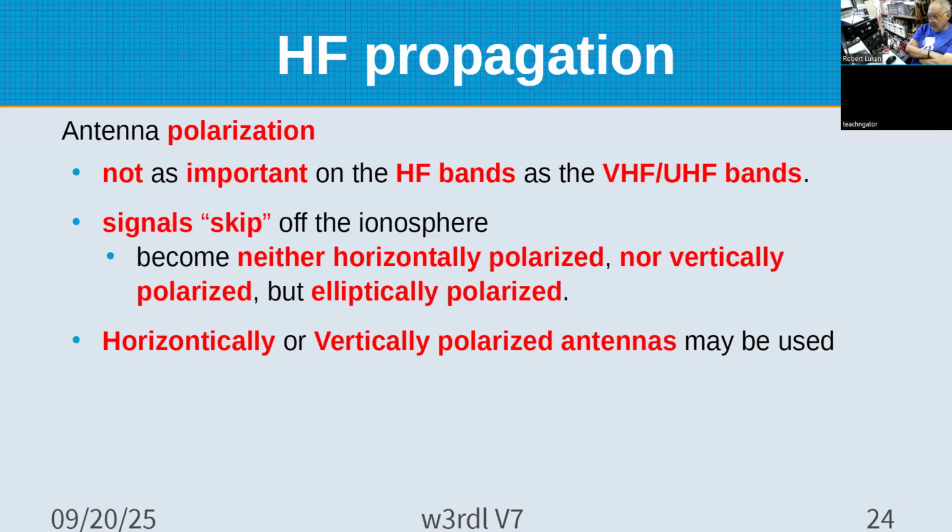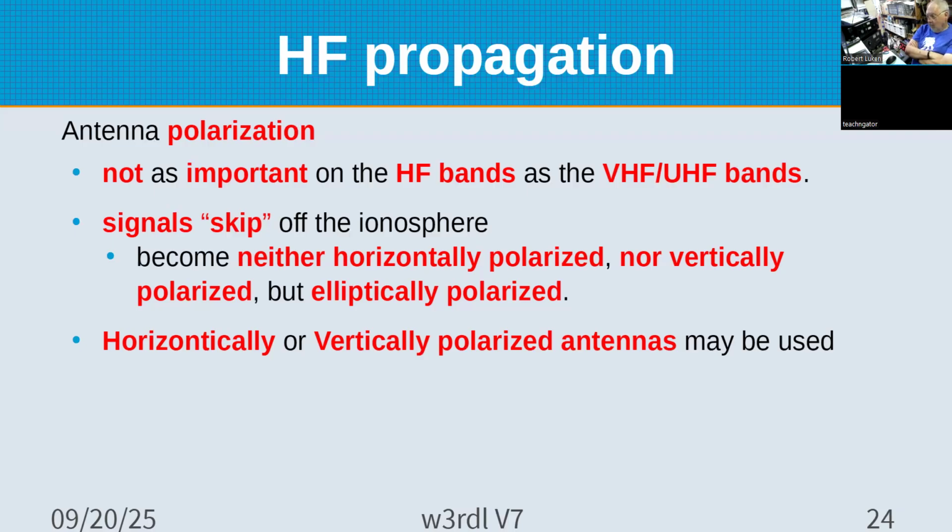So it turns out, because of that, for HF, you don't care whether you've got a horizontal or vertically polarized antenna, because the ionosphere is going to convert it to elliptical. So you'll be able to transmit and receive from a horizontal to a vertical or a vertical to horizontal.